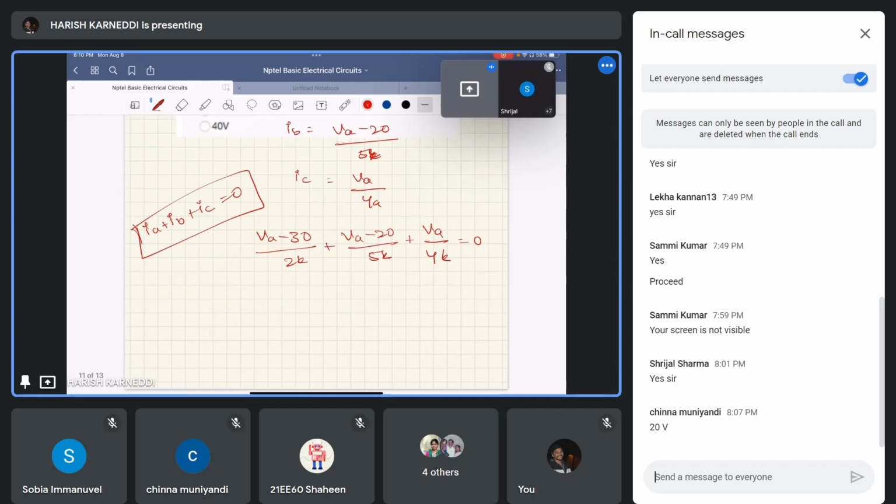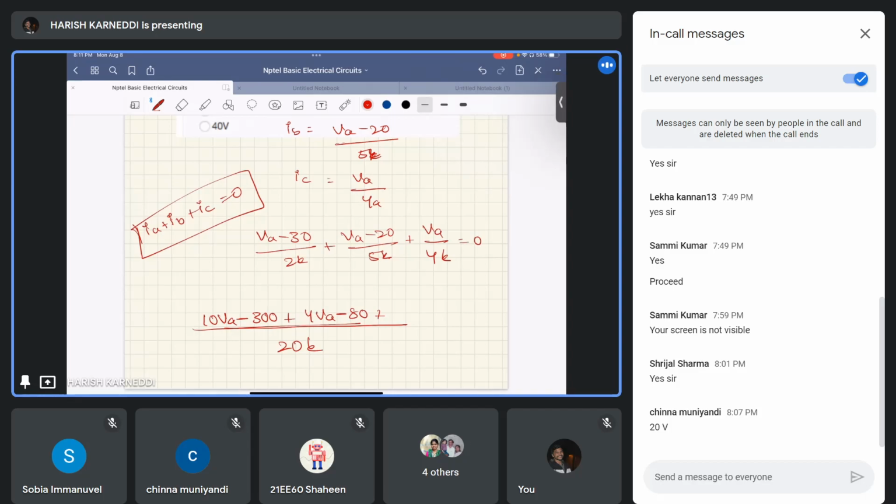The LCM is 20K, right? 20K LCM. So 20K over 2K is 10 times: 10 VA minus 300, plus 4 VA minus 80, plus 5 VA, equal to 0.